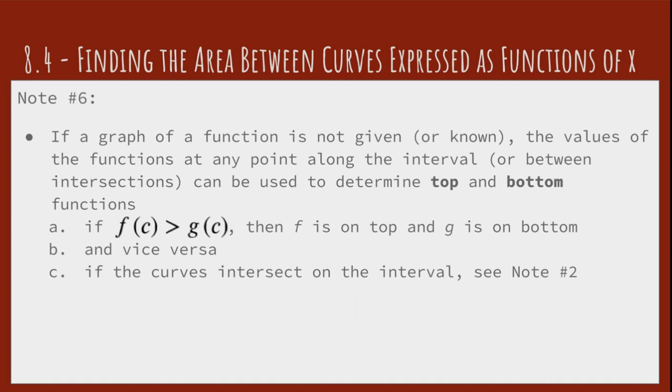And the last note, if we are doing a problem where we don't know what the graph looks like, then we can determine which function is on top or which one's on the bottom just by plugging in a value on the interval.